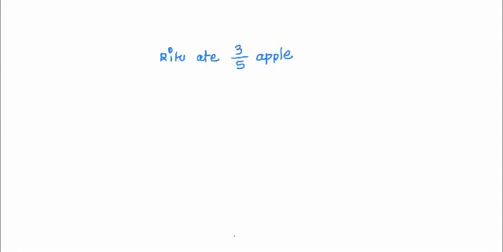Okay. So what is the remaining apple? Therefore, the remaining apple is going to be equal to the complete apple, which is 1, minus what Ritu ate. Ritu ate 3 upon 5. So 1 minus 3 upon 5. So 1 is also represented, as I told you, a whole number is always represented as 1 upon 1.